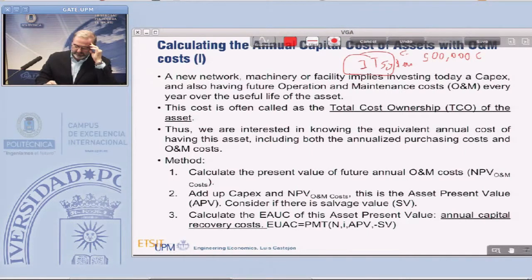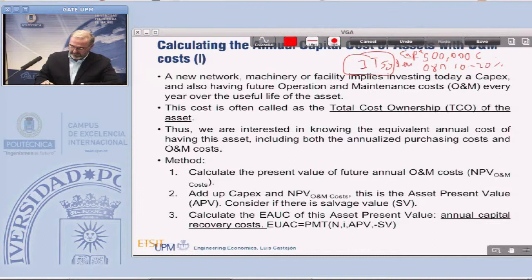This is the capex. And then also you know that in general in the IT world, the operation and maintenance cost of any IT system is something like 10-20% of the initial investment. So this is a common metric used.